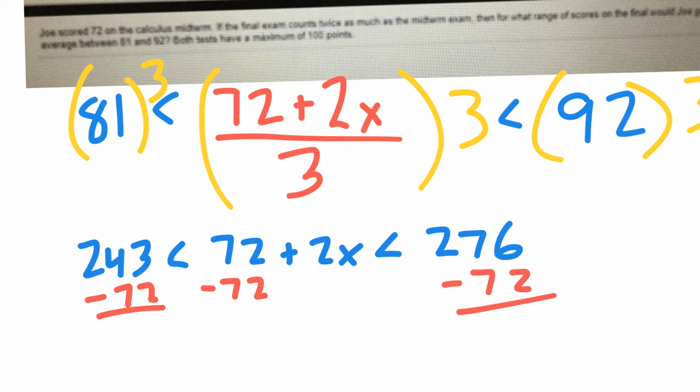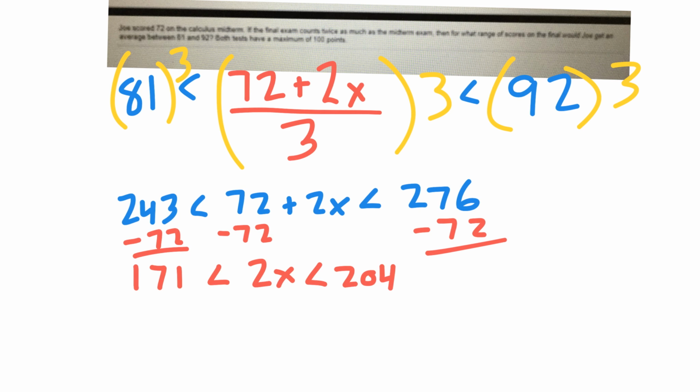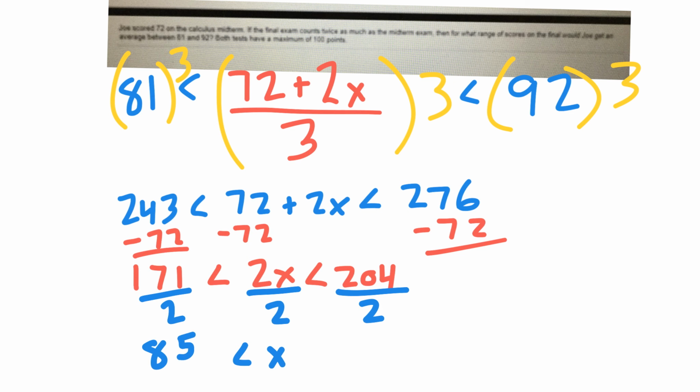So that is 171 is less than 2x, which is less than 204. And now divide everything by 2. So that tells me x is greater than 85.5, but it's less than 102.